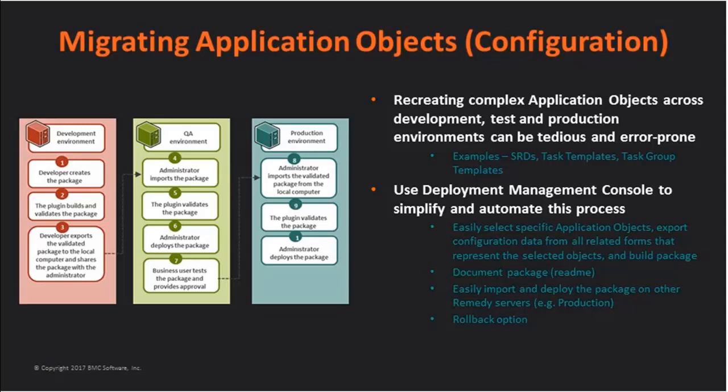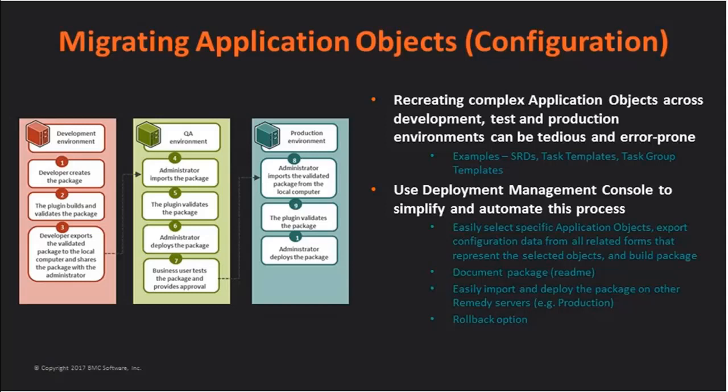When you have complex configuration structures like SRDs or task group templates, the best practice is always to first build them on a development environment, then package them up, bring them onto a test environment and test them out, and once you see that the package works well and whatever you configured is correct, you can deploy that package into production.